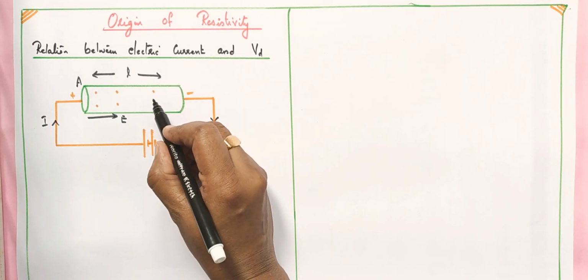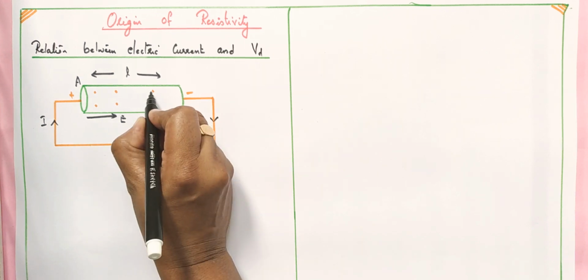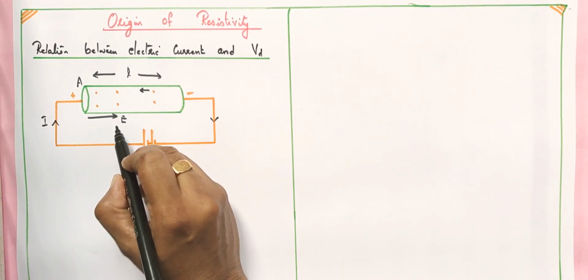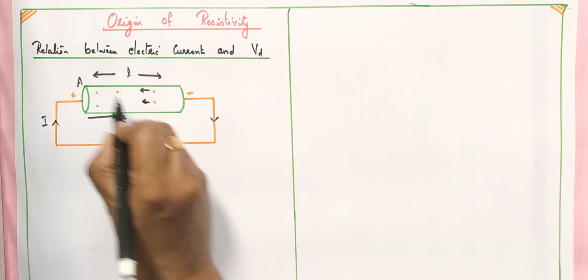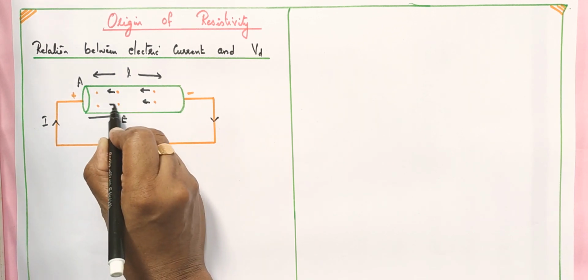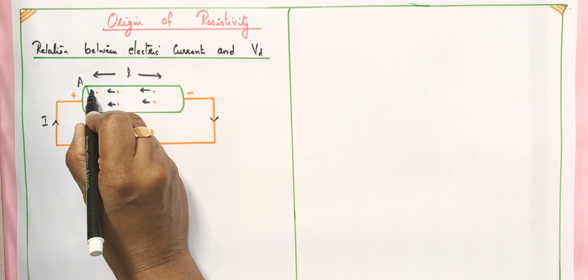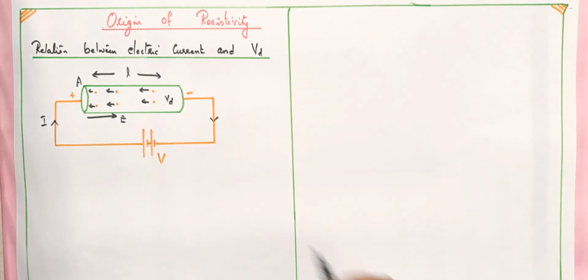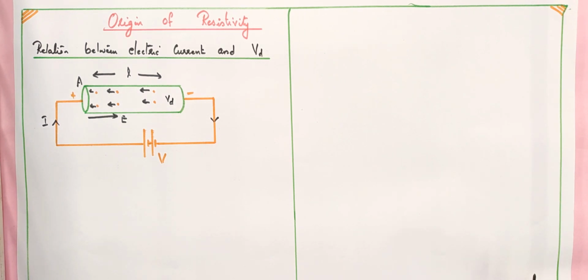Here electrons are drifting due to the external electric field, and what is the direction of drift velocity? It is opposite to the direction of electric field. So electrons are drifting from negative to positive, opposite to the direction of electric field, with a velocity called drift velocity.